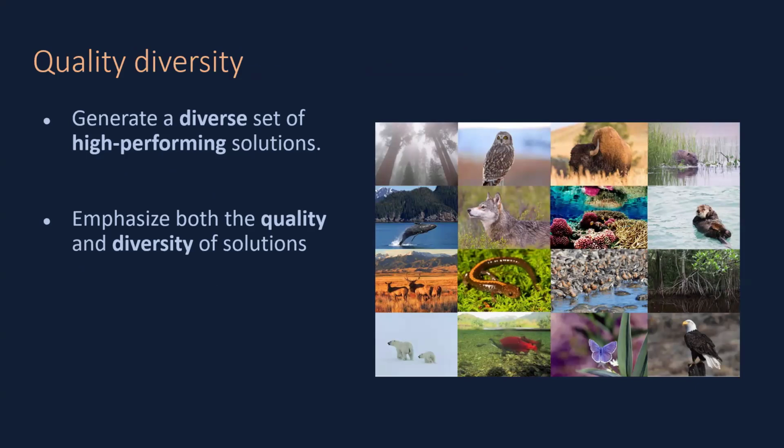So you have animals that work well in winter environments, or you have just a very diverse set of animals that are qualitative in their own way. So you create a diverse set of high-performing solutions, and this way you want to keep both the quality and the diversity of solutions intact.